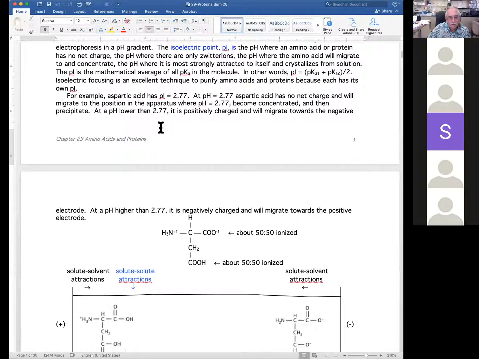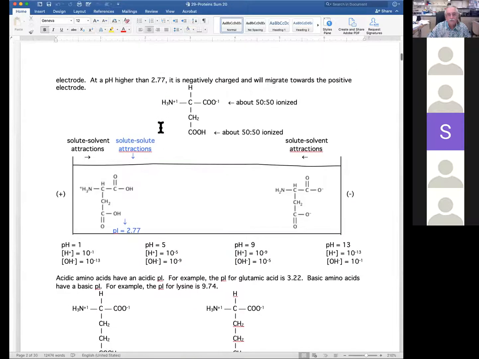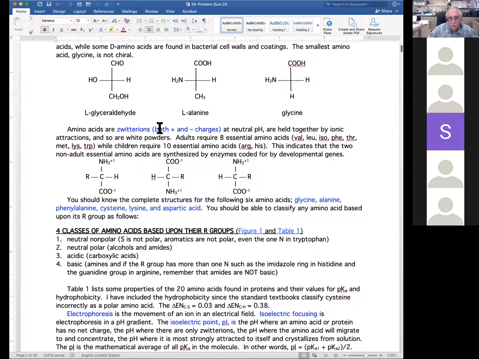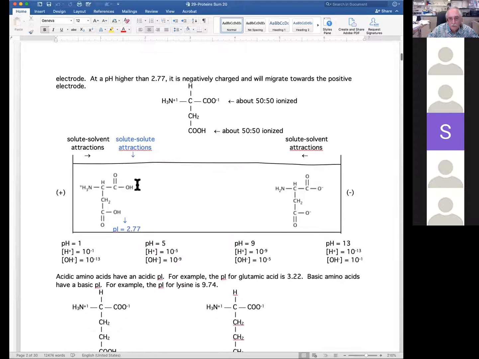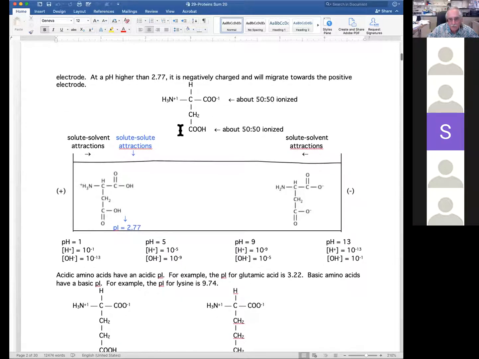And in terms of electrophoresis and isoelectric point, you should be able to draw them at physiological pH. So this is physiological pH, right? Both the amino group and the carboxylic acid group are ionized. If you get to one where you have an acidic R group, well, how is that going to work?